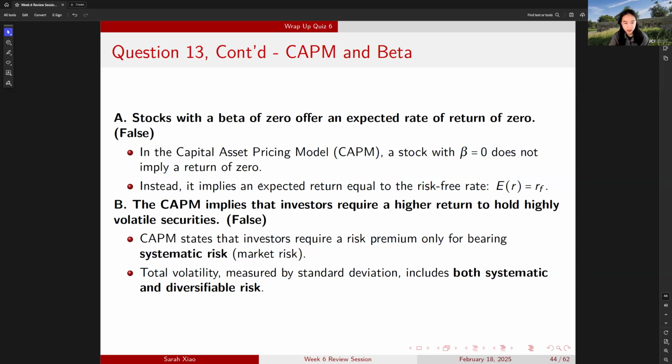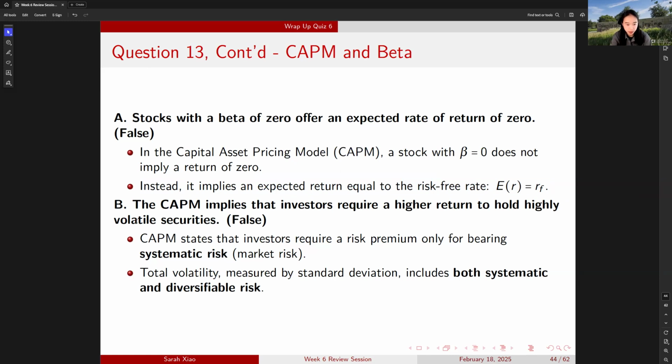Instead, it implies an expected return equal to the risk-free rate here. So in other words, a beta of 0 only implies the expected return equal to the risk-free rate, not a 0 expected rate of return.